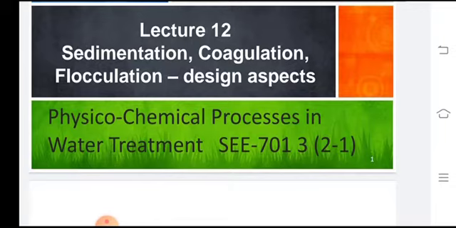These processes normally take place in tanks which are called settling tanks or sedimentation tanks. What kind of phenomena will be followed in those procedures will all depend upon the characteristics of the wastewater and what kind of parameters we are going to focus on.